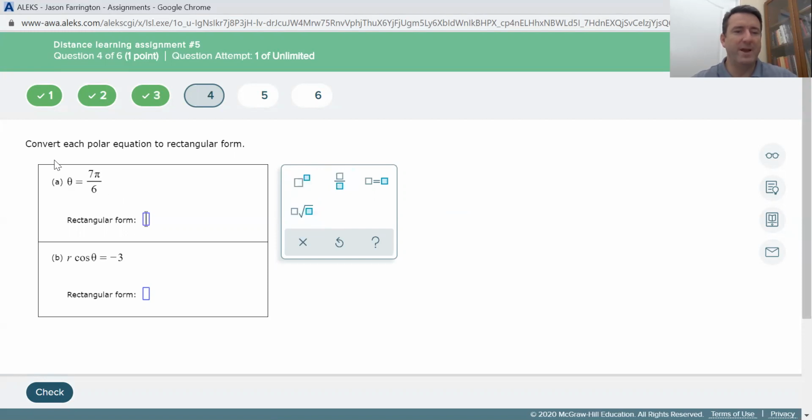For this one, whenever you have just the theta by itself and no r, what you're going to want to do is take the tangent of both sides. So the tangent of theta is equal to the tangent of 7 pi over 6.